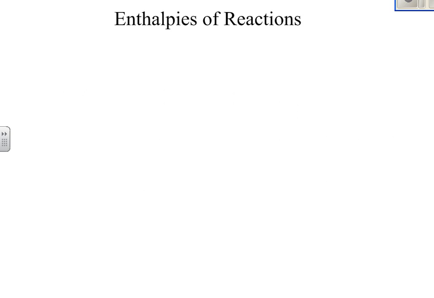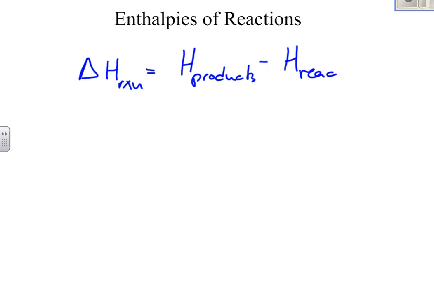So getting down to the chemistry of this, if we look at the enthalpy for reactions, our delta H for a particular reaction would be equal to the enthalpy of the products minus the enthalpy of the reactants.